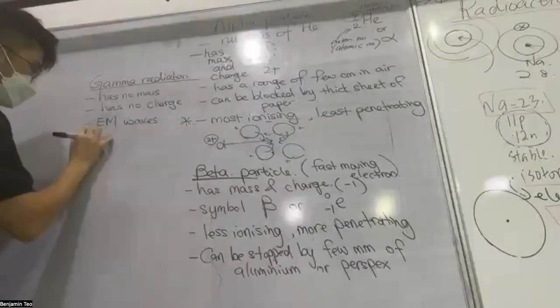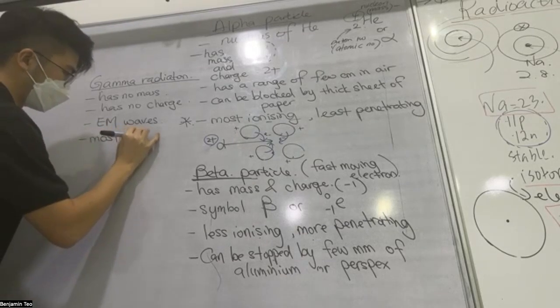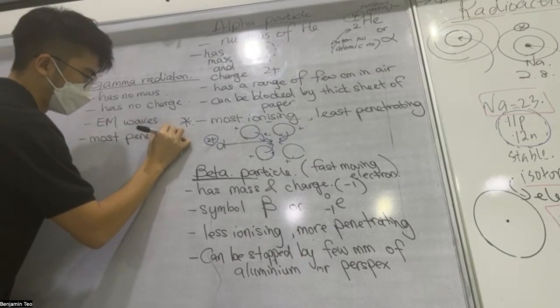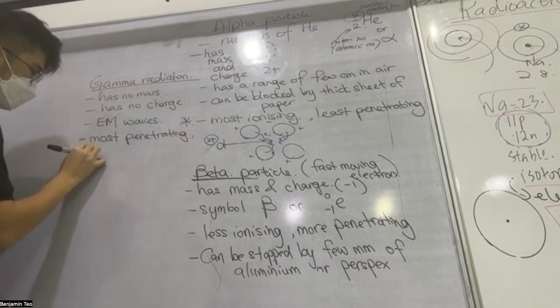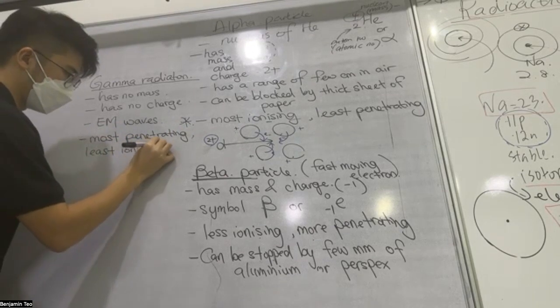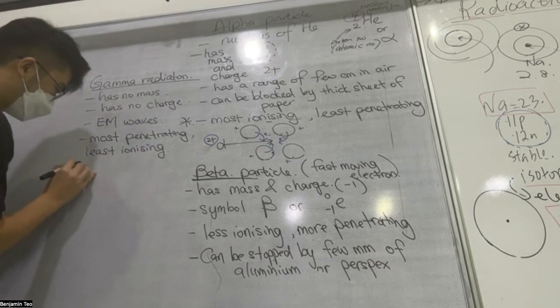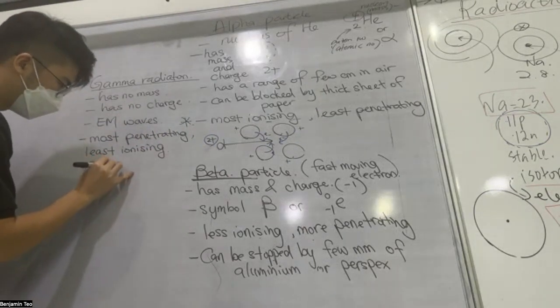This is the most penetrating, and alpha is the least. So from alpha to beta to gamma, your penetrating power increases. Gamma is the hardest to block.